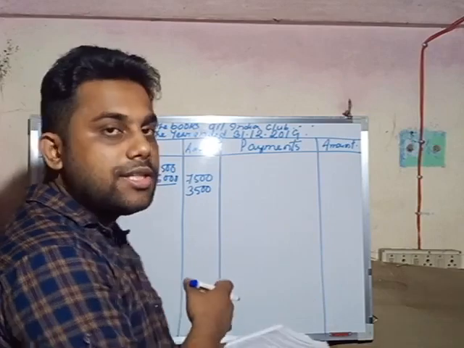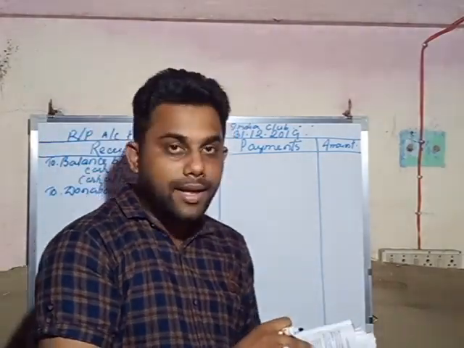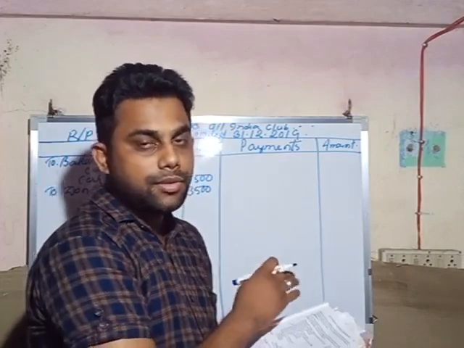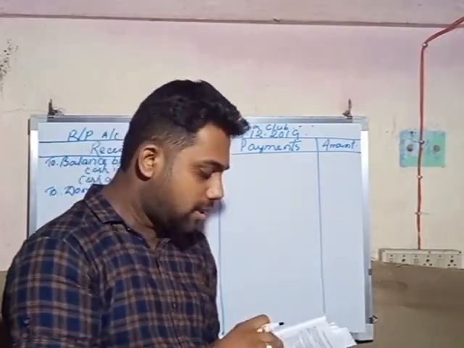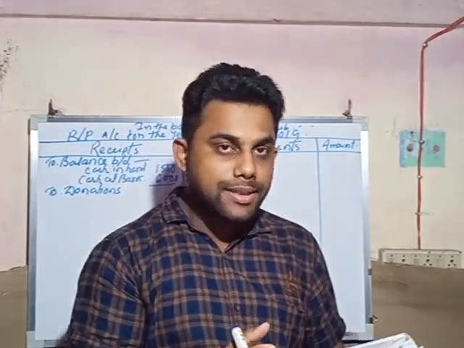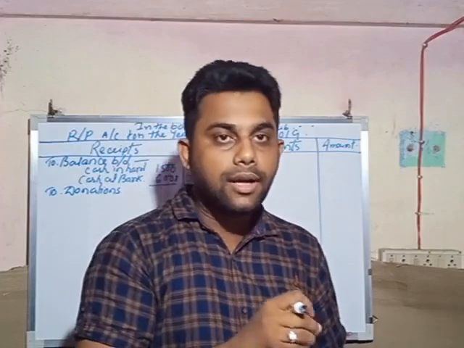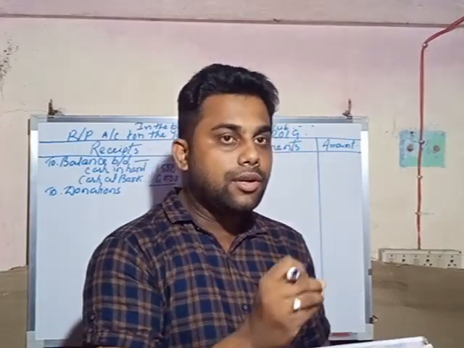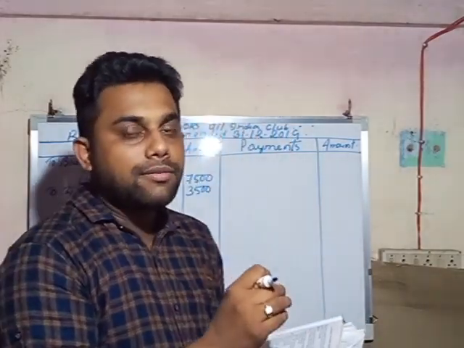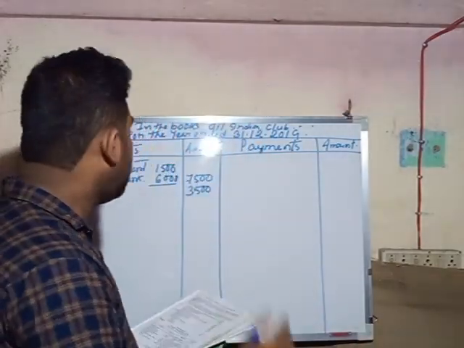These donations come in the receipt side because donations are receipts, and being a capital receipt for the non-trading organization, it comes in the receipt side. Next, life member subscriptions. Life member subscription means the amount of money paid by a member of the club to the club in order to become a member of the organization for the lifetime. So it is a receipt for the non-trading organization, so it comes in the receipt side.